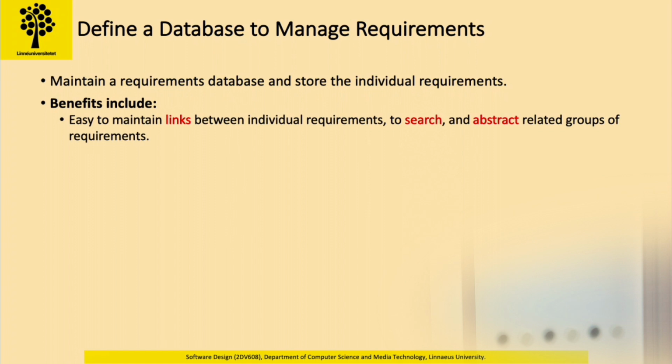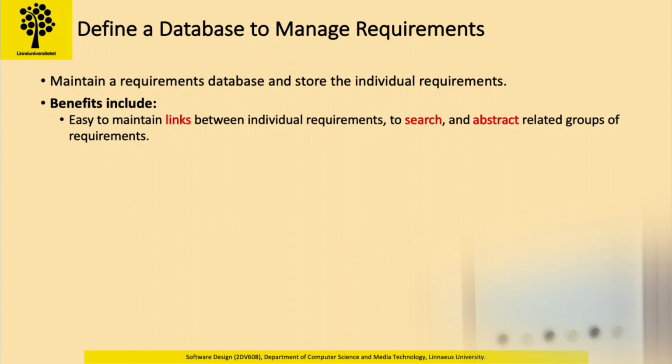And basically what it does is simply store the requirements. Although these days requirements are not only textual. They have figures, diagrams, maybe tables or many other things. So before, it was very easy or simple to store requirements in, let's say, a relational database or any simple database, even in an Excel file.